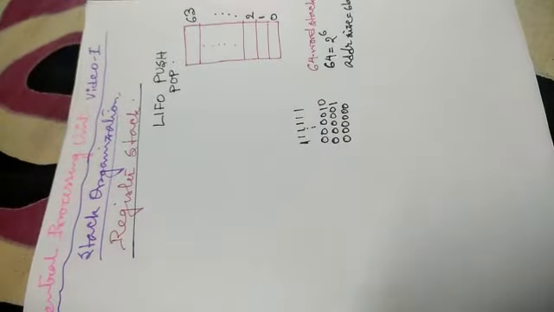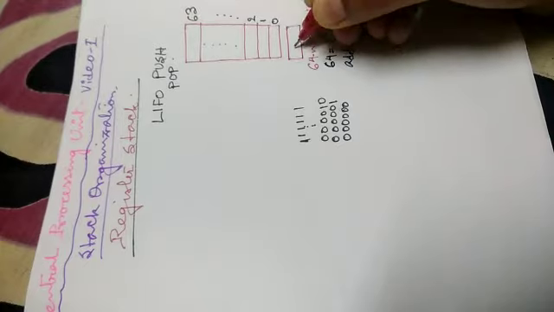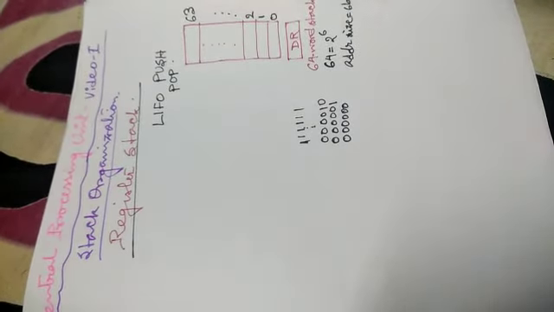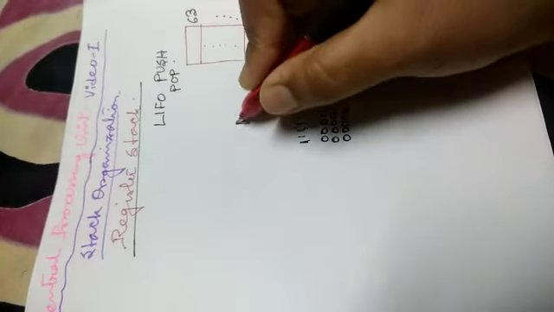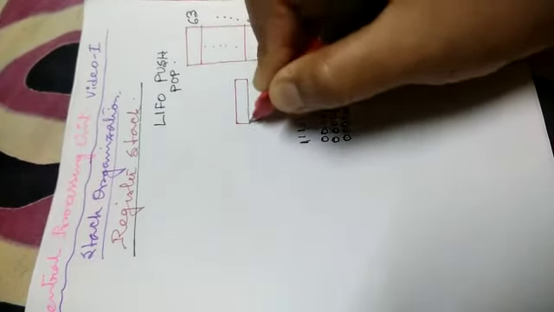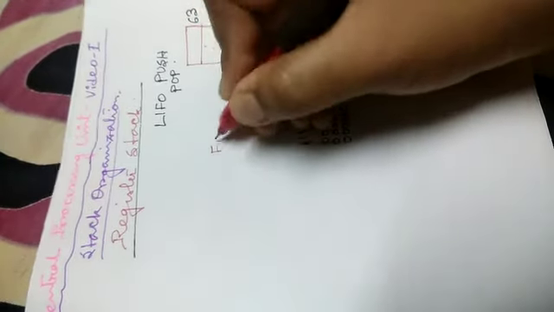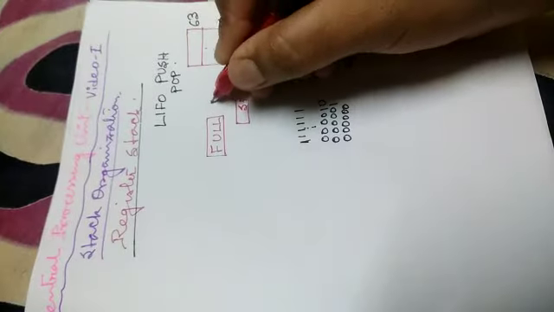Clear? Now we will consider 4 registers which are associated with this stack. One is data register. Okay, I'll explain the function of this. One is stack pointer. One is full, another is empty.